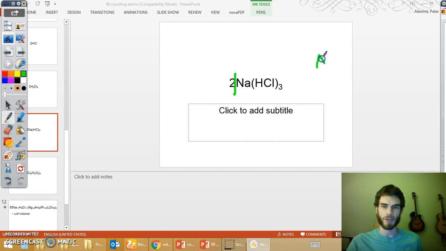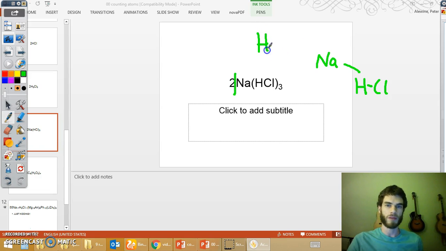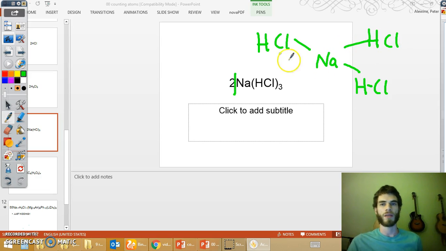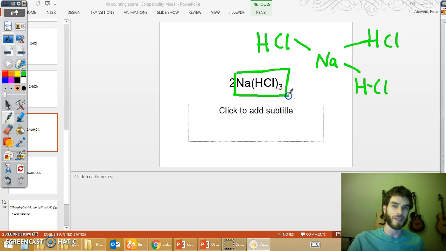What does this mean? It means there are 3 of these chunks. There's an HCl, hydrogen chloride, here, and there might be another over here, and another over here. Again, this is completely made up. This would not really exist in real life, but it's just for the sake of our example. Okay, that's the actual chemical thing that exists.